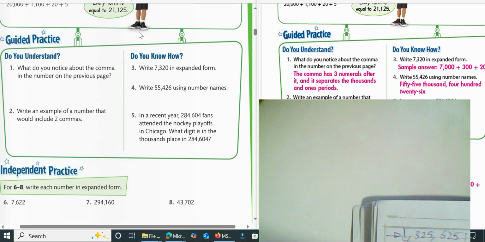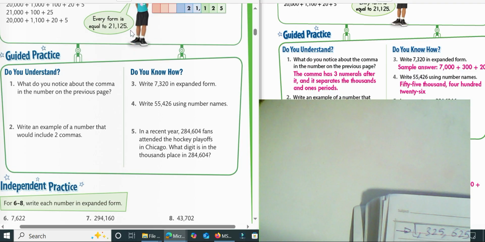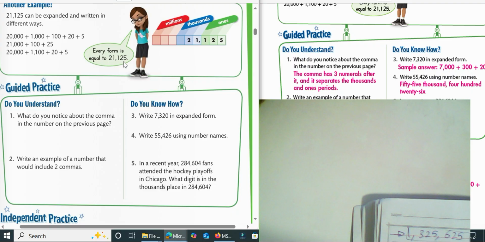Let's examine the last question. We have 21,125. What does this comma represent? It divides between the first group and the second group. The first period contains ones, tens, hundreds, and the next period contains two digits, 21,000 here.